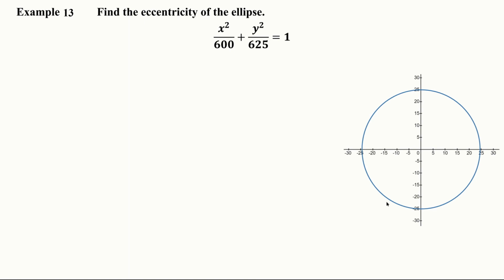As we know, we can find the eccentricity using the formula e equals c over a. And from the equation here, we can see that this larger denominator will correspond to a squared. So a squared equals 625. b squared will be 600. And we know that for an ellipse, b squared plus c squared equals a squared, right?